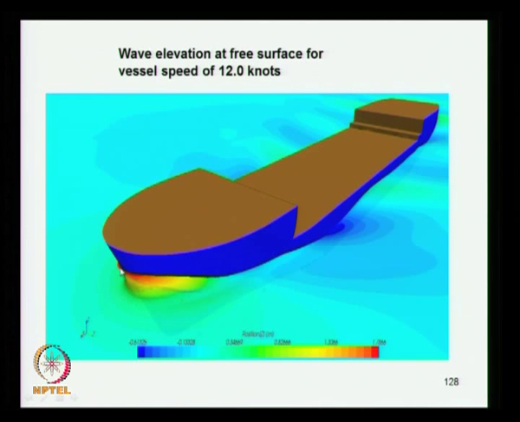The bow wave is going up to 1.7 meters above the water level, and here is a dip, a trough forming here, where the scale is low. So generally this shows that this region has a high wave, which increases the resistance of the ship.